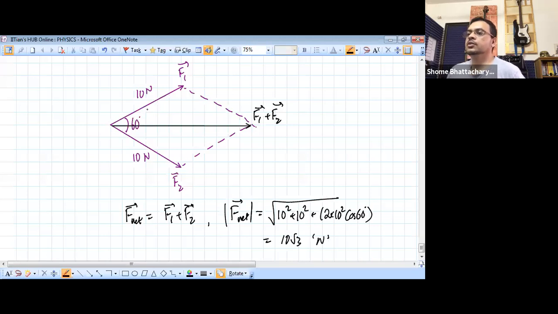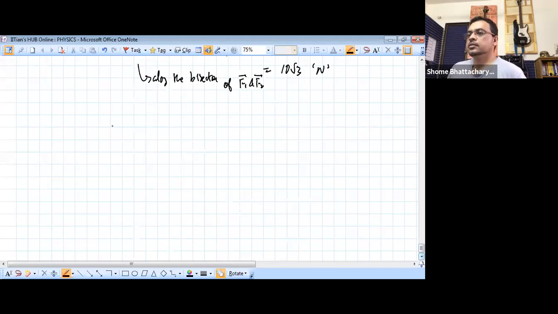Okay. And it will be along the bisector of F1 and F2, but in the horizontal plane. So that is the net force, and net force is equal to mass into acceleration.